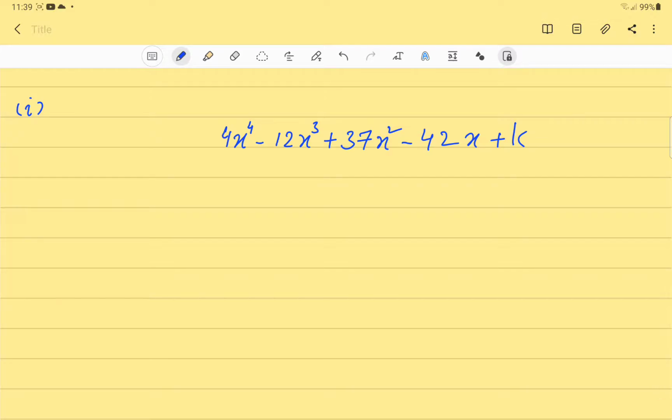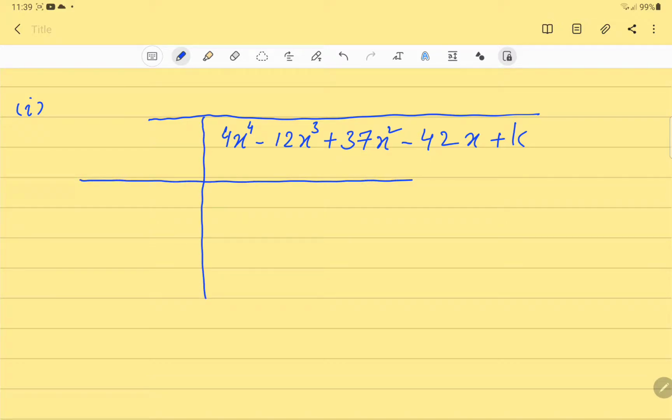So for that one, we'll check the first term. The first term is a complete square. So we have to write the square root of this one over here, which is 2x squared, and multiply with the same that we will write in the quotient.